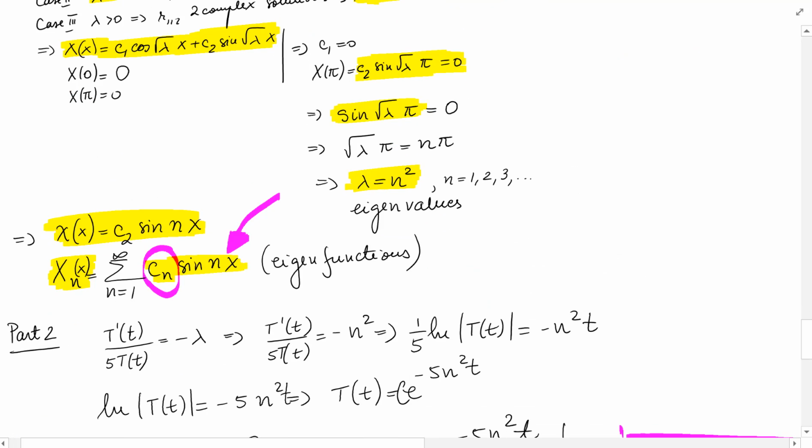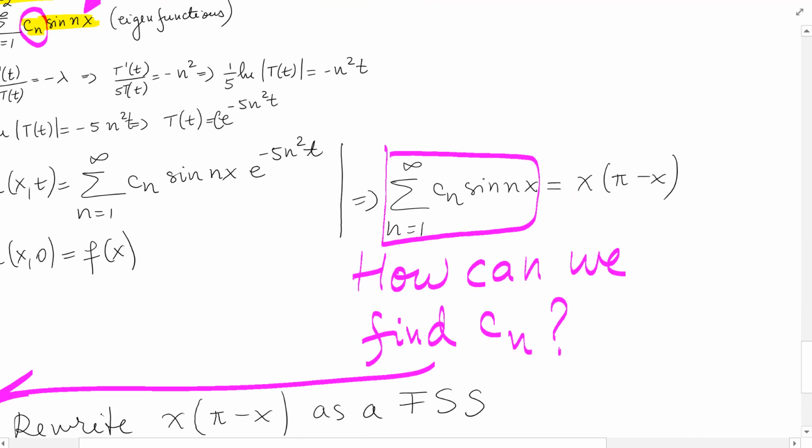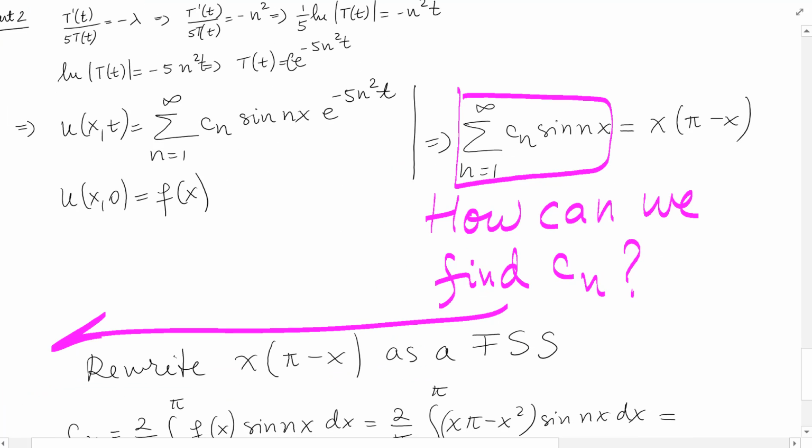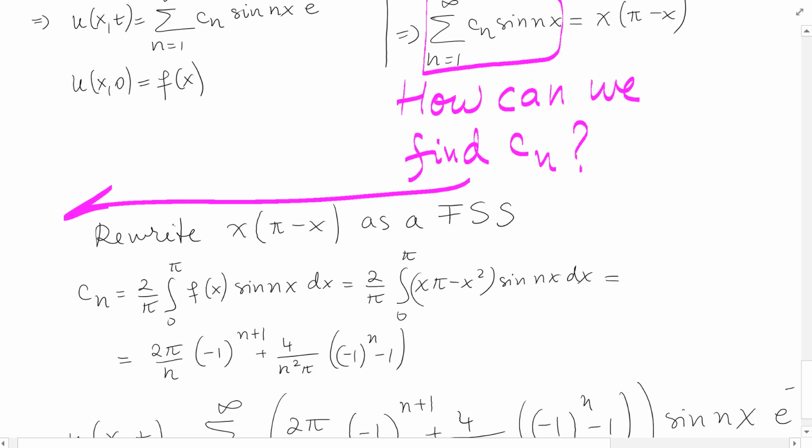So going back here, this is the moment: how can we find c sub n? Well, c sub n are the coefficients of the Fourier sine series. So what we do here, we calculate c sub n as 2 over pi times the integral from 0 to pi of f of x sine of nx dx.